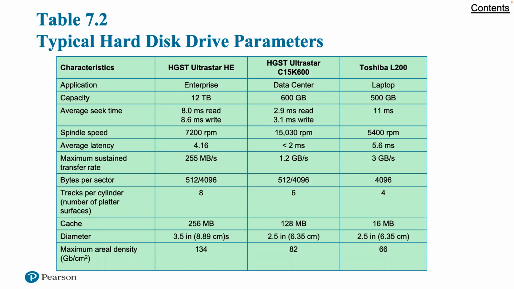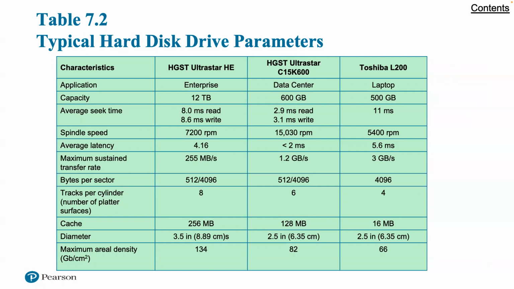Well, let's look at a couple of different types of hard drives to give a sense, ranging from an enterprise, a data center, and a laptop application. This table gives a disk comparison for three. The HGST Ultrastar HE is intended for enterprise applications such as the use in servers and workstations.